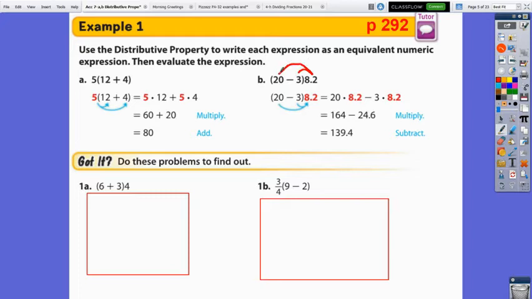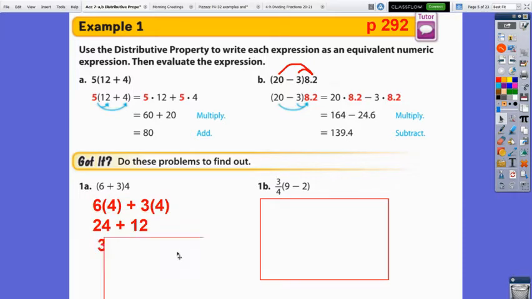And here would be 8.2 times 20 minus 8.2 times 3. That's 164 minus 24.6, or 139.4. Got it? 1A. 6 plus 3 times 4 is 24 plus 12, which is 36. 3/4 times 9 minus 3/4 times 2.